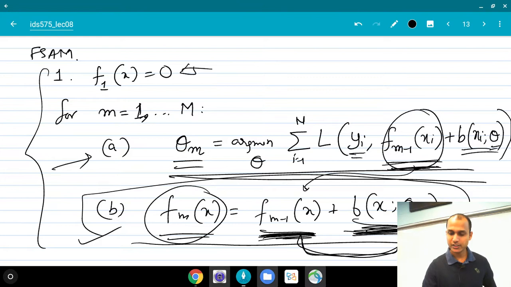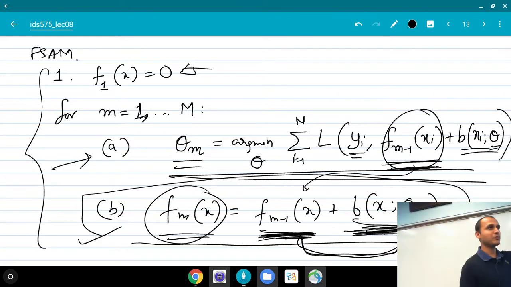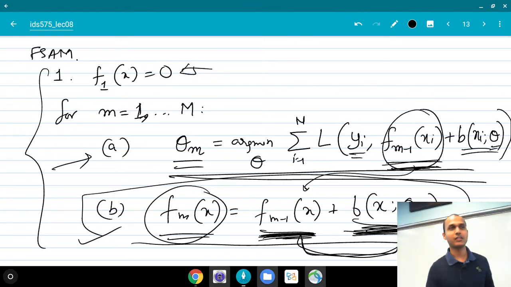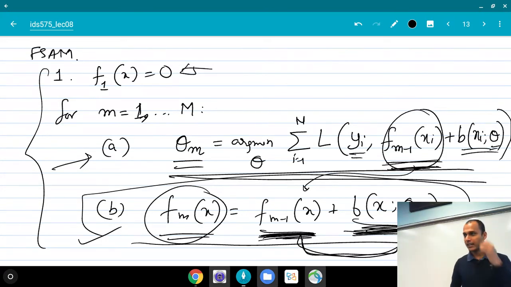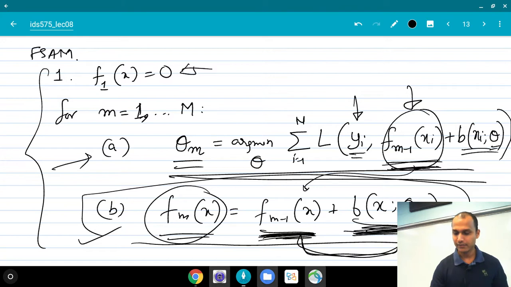For each observation you make the predictions from before, because you already have f_{m-1}, your pre-trained previous models. You get some numbers, and y's are numbers. So the only thing you want to figure out now is the parameters of the b function, which is a new model. I'm just using b, but you can call it f. I didn't want to overload.